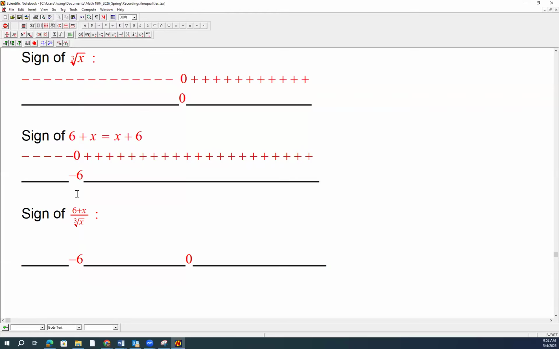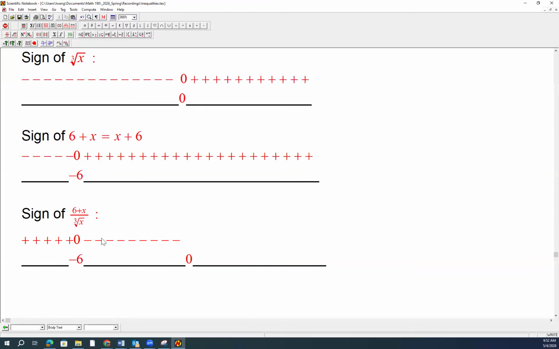So when I pick a number less than -6, we got negative times negative. Negative times negative is what? Positive. At -6 it is 0. Between -6 and 0, that's a negative times positive. That's negative.